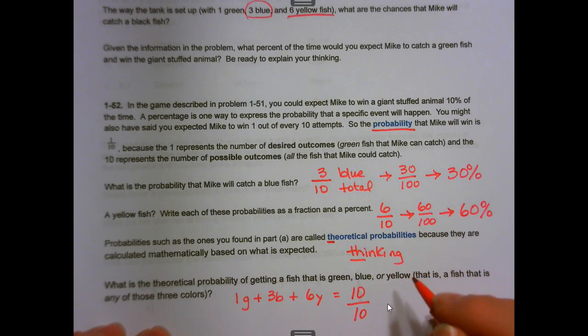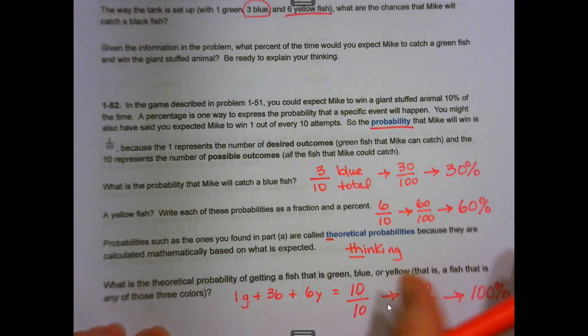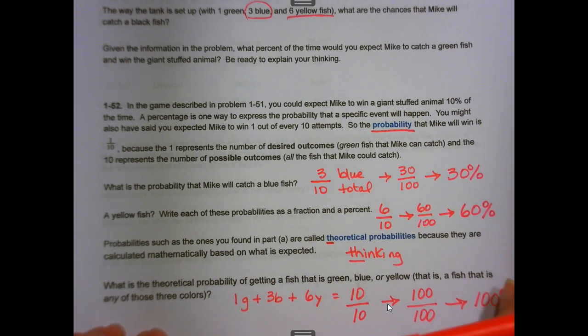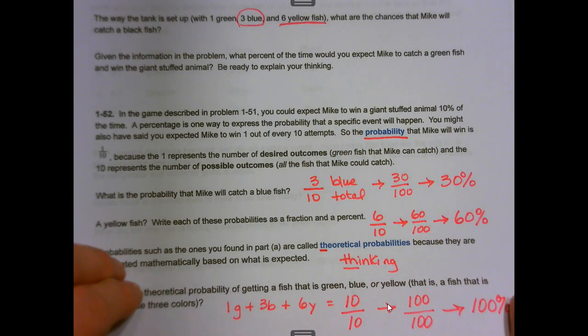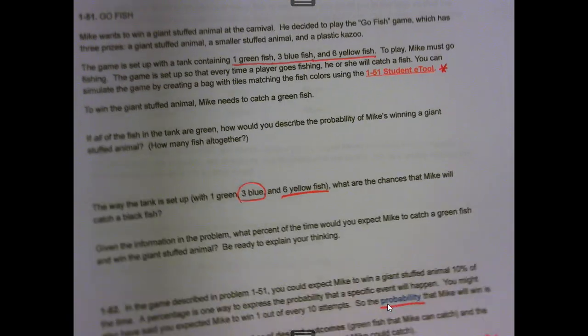So our theoretical probability is going to be 100%. Because if I play the game, I'm going to catch a fish. Just maybe not the one I want to catch.